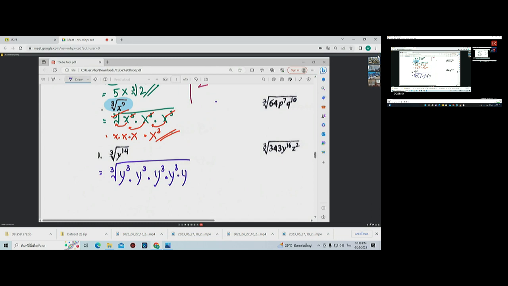See, 3 plus 3, 6, 6 plus 3, 9, 9 plus 3, 12. How many we need now? 2. It makes 14. Yes? This 14, how many times can we extend? 3 plus 3 plus 3 plus 3 plus 2, 14. Understand?